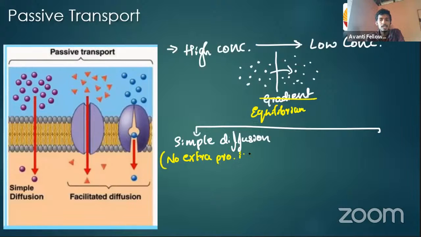Simple diffusion is like something cooking in your kitchen, and the fragrance or smell transfers to the whole house. Here the air current transfers the molecules of that smell. Nobody is carrying them. That's called simple diffusion.